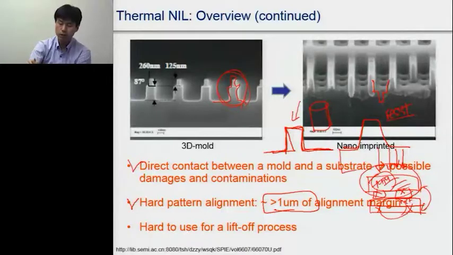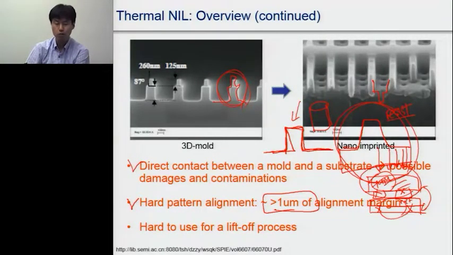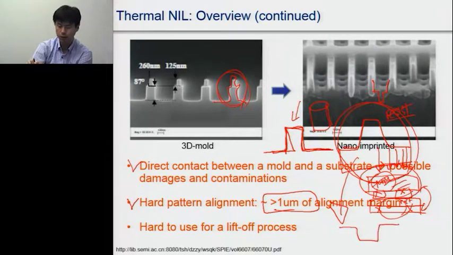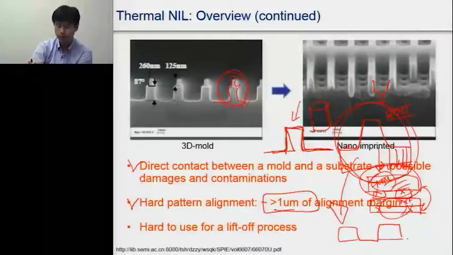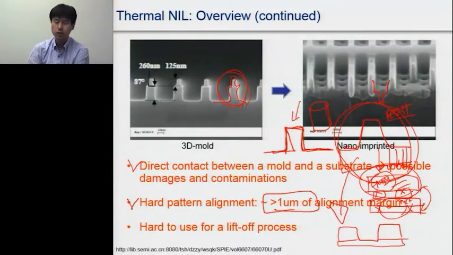So if we imprint using this kind of structure, the resulting image transferred to the resist is something like this. This is a resist and this is a substrate.